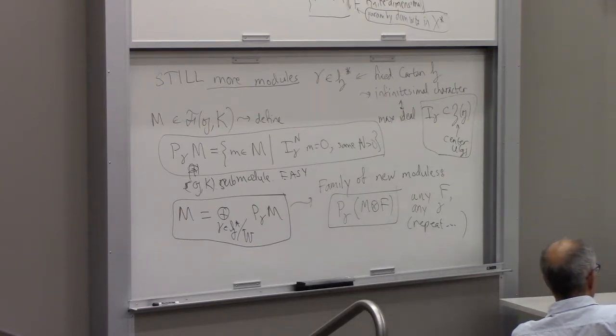Well, let me do an example. If I take G as SL2 and M is the three-dimensional irreducible representation, and now I take F, it is the n-dimensional irreducible representation.